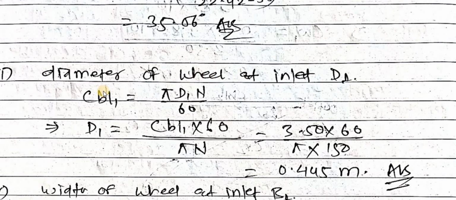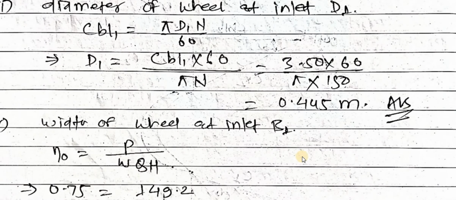We know the formula Cb1 equals pi D N upon 60, and we have to find the value of D1. Putting in all these values, the value of Cb1 and the value of N, we get the diameter of the wheel at inlet as 0.445 meters.